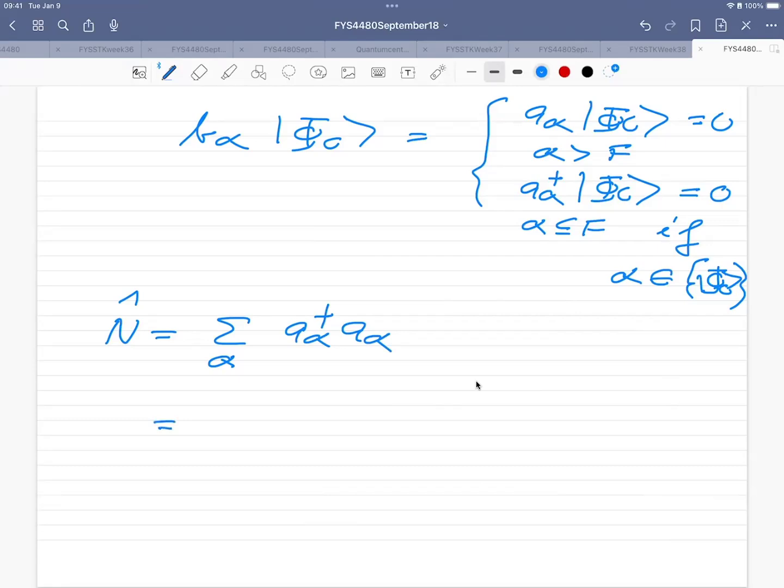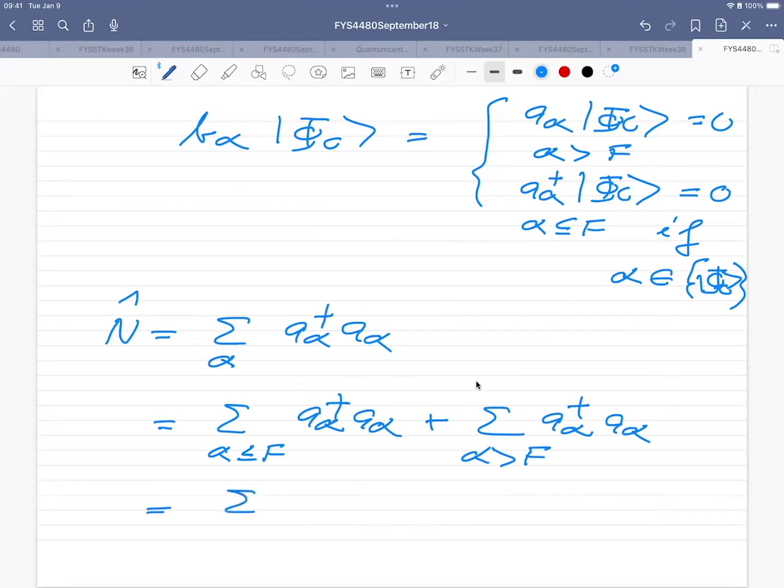So this runs over all the single particle states. So I can now rewrite it in terms of a sum for states below the Fermi level. This is just a simple rewrite of the sum. And then I have alpha larger than F, a alpha dagger, a alpha. And then I can plug in these new operators.